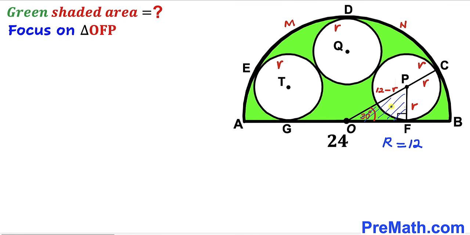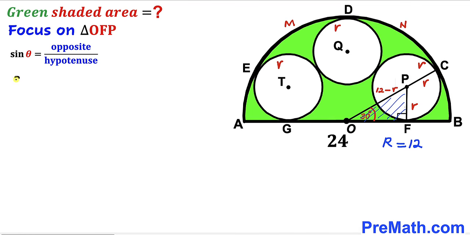Now let's focus on this right triangle OFP. Let's recall the famous trigonometric ratio: sine of theta is equal to opposite divided by hypotenuse. In our case, our opposite is lowercase r, whereas our hypotenuse is 12 minus r, and our angle theta is 30 degrees.